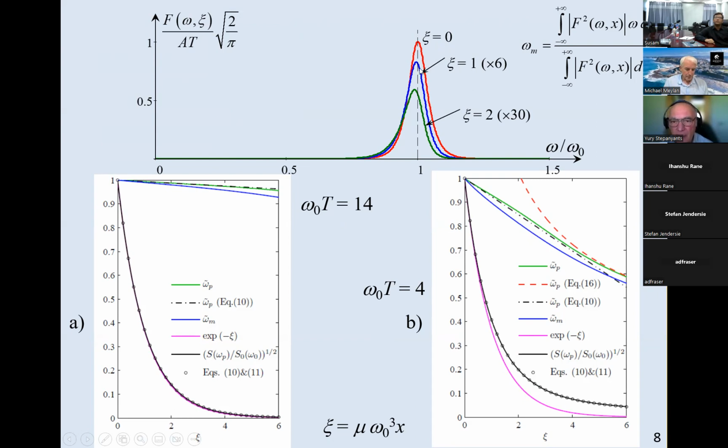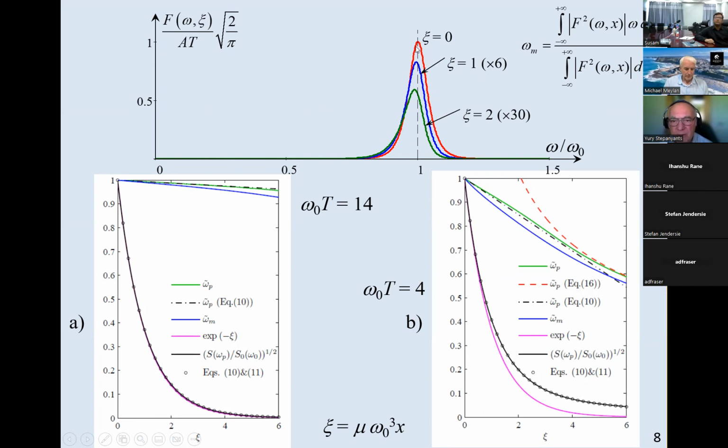But then, in the course of propagation, the amplitude of the maximum of the spectrum decays, and the maximum of the spectrum shifts to the left. Here, the blue line is multiplied by factor 6 to make it visible and comparable with the initial spectrum, and the green line is multiplied by factor 30.